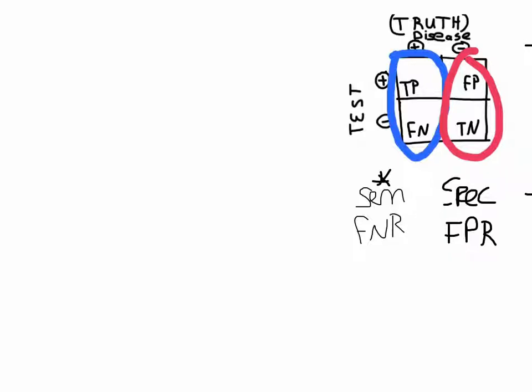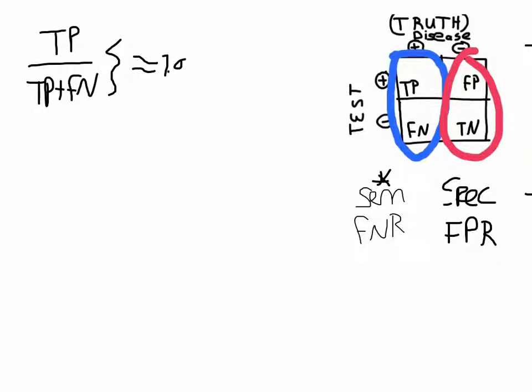So the sensitivity, again, is going to be the true positives over the true positives plus the false negatives. Now, for sensitivity to be high, that means that this number should be close to 1. If it was perfect, it would equal 1. So let's just give it some numbers again.